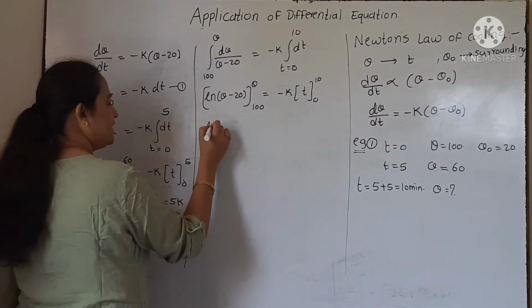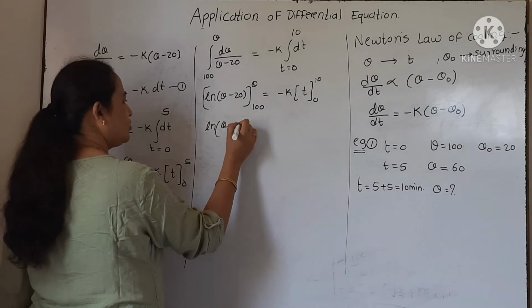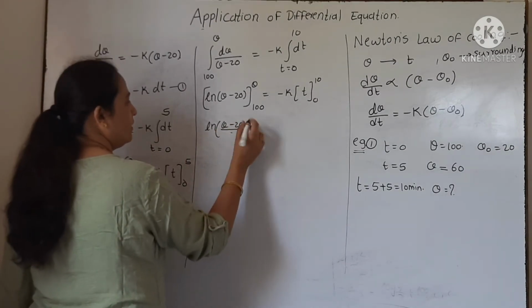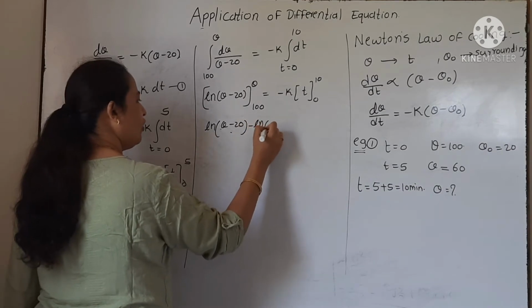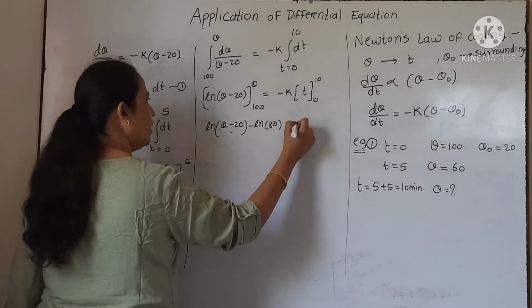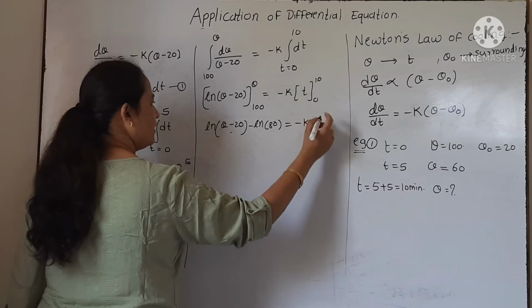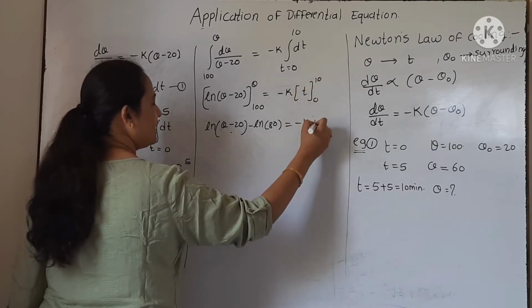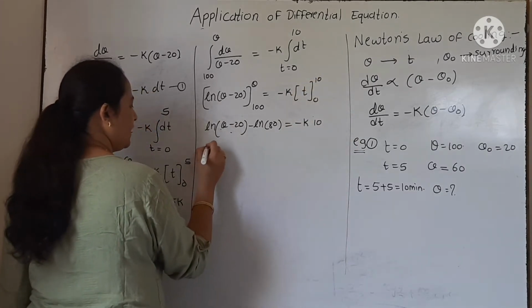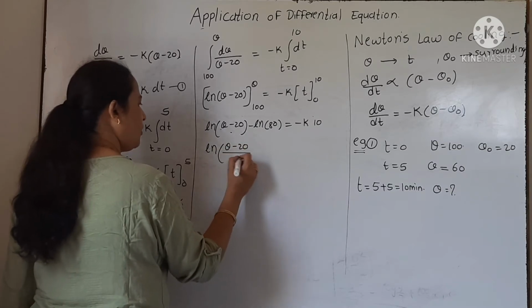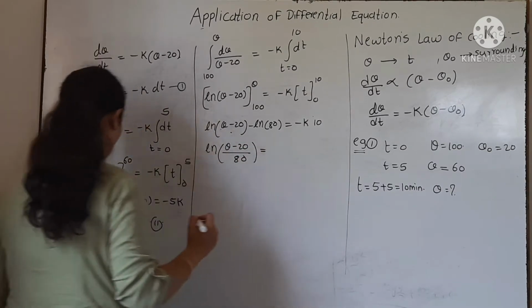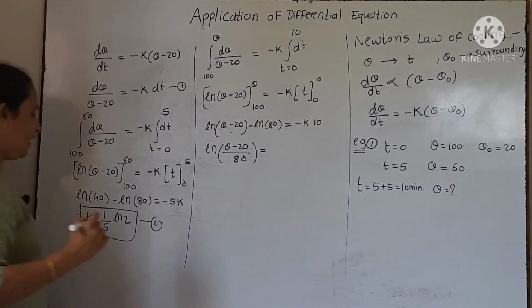Apply limits, it is ln of theta minus 20 minus ln of 80 equal to minus k, apply limits for t, it is 10k. Therefore you will get ln of (theta minus 20) upon 80 equal to minus 10k. The value of k is 1 by 5 ln of 2.